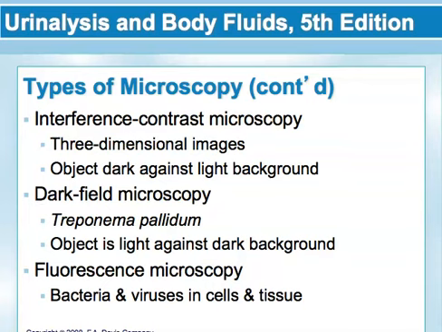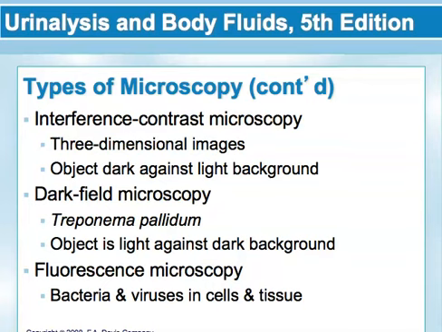Then you've got dark field, which is used to enhance visualization of specimens that are not easily seen with bright field. It can be used for unstained specimens and is especially helpful in identifying Treponema pallidum, which is the spirochete that causes syphilis, pinta, and yaws, where the specimen is going to appear light against a dark background.